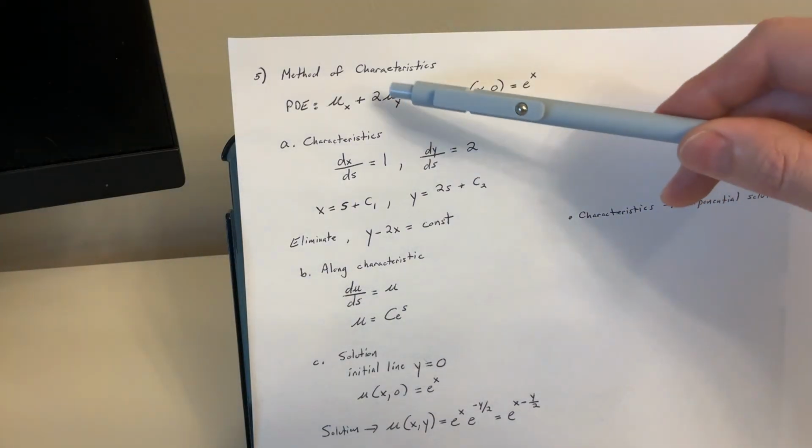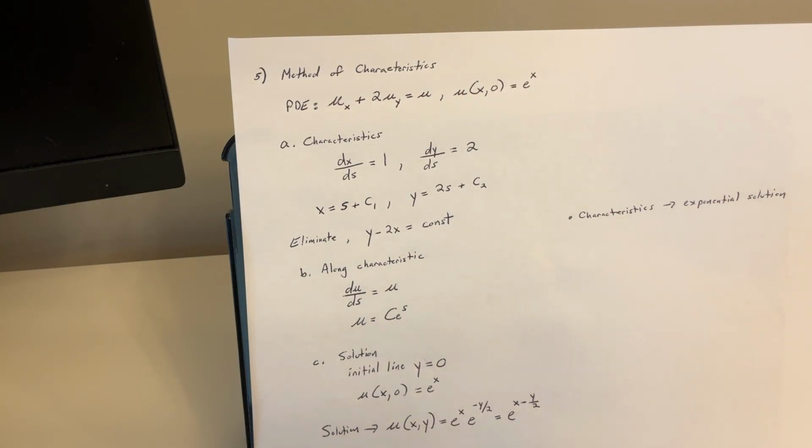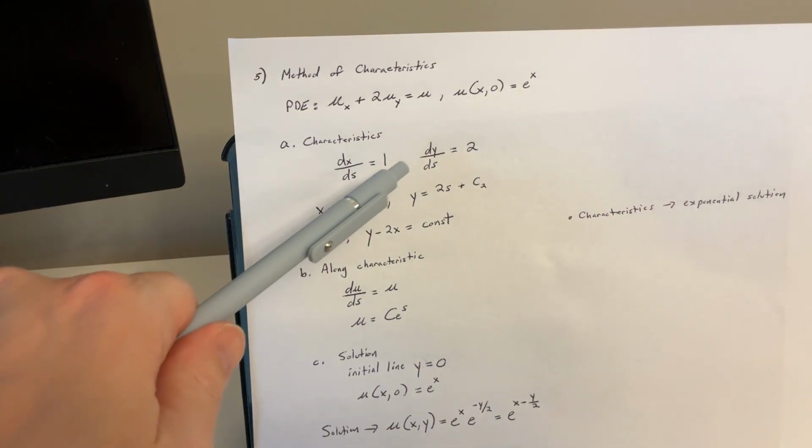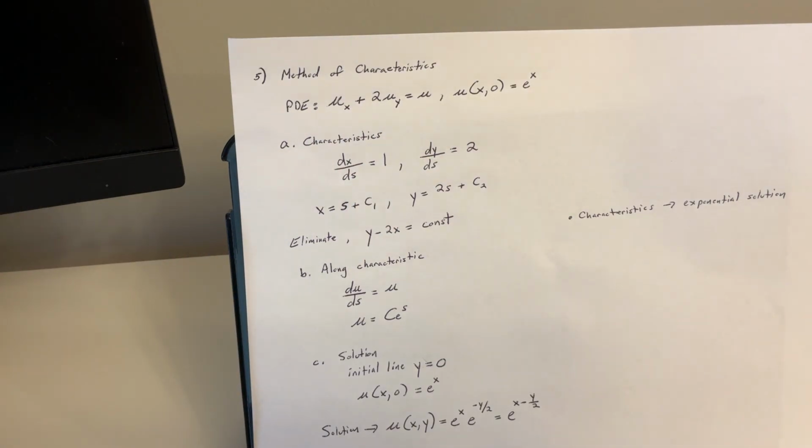Okay. So, building on that, method of characteristics, let's see what we could do here. Our PDE, u sub x plus 2u sub y equals u, and then we have the condition u of x, 0 equals e to the x. For the characteristics, we take derivatives: dx/ds equals 1, dy/ds equals 2.